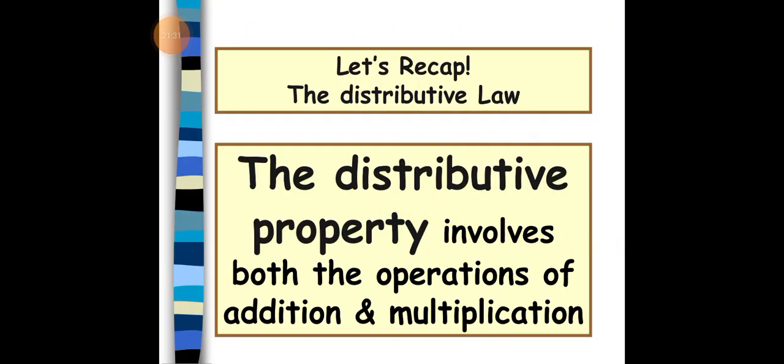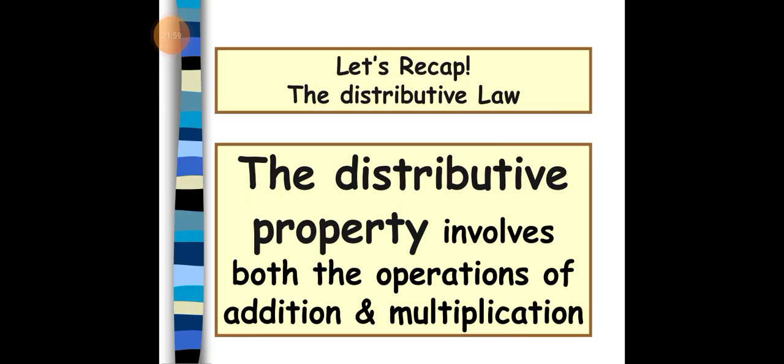The distributive property basically combines multiplication with addition and subtraction. It is not the division process. Division does not take place in the distributive law, because as far as I've studied, I don't think so. Maybe it does, but according to me it does not.